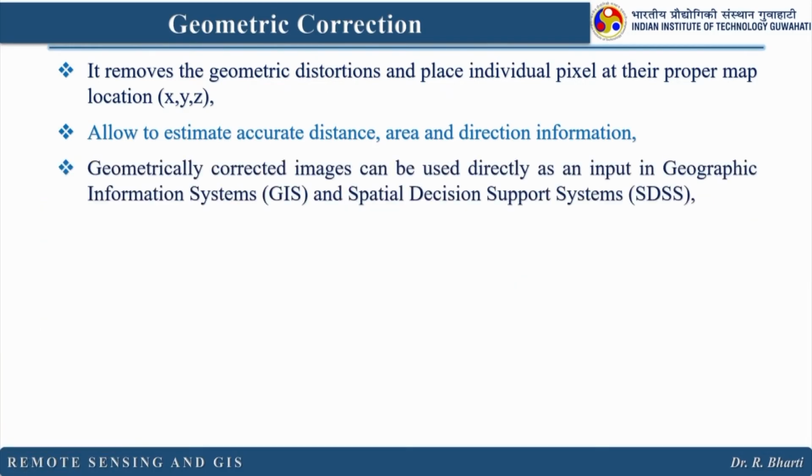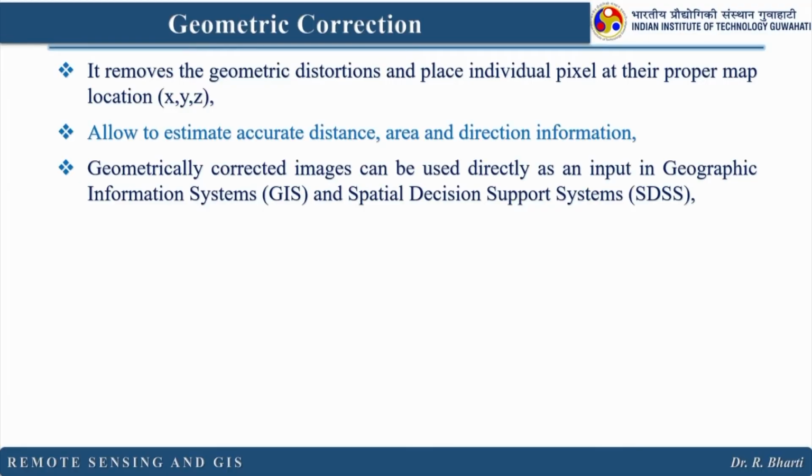Now, the third point is geometrically corrected image can be used directly as an input in Geographic Information System and Spatial Decision Support System. So, what does it mean? That from satellite you have derived an image, and from the image you have derived some information like what is the area of forest, what is the area of this particular river, how much water is there, or what is the length of this river.